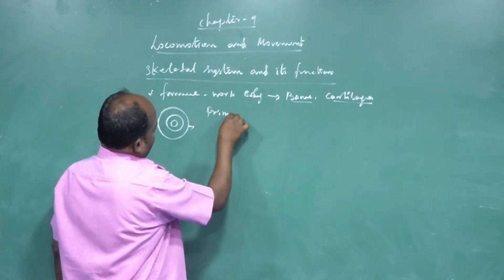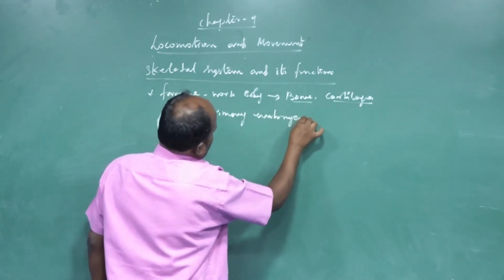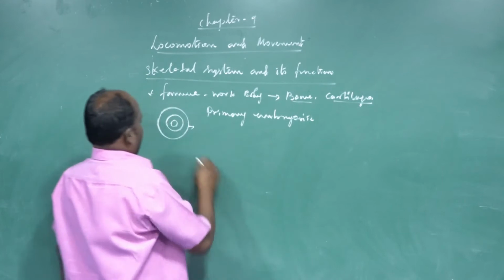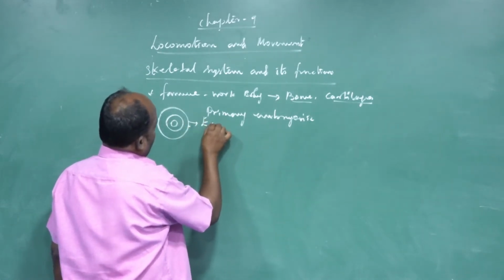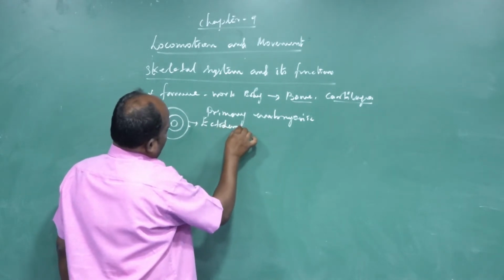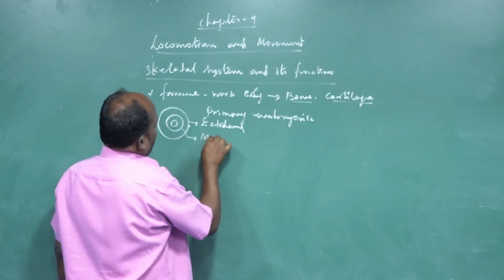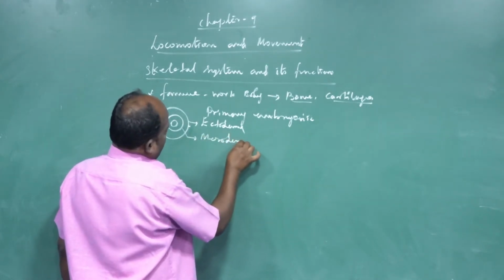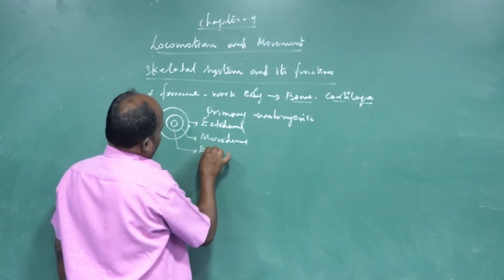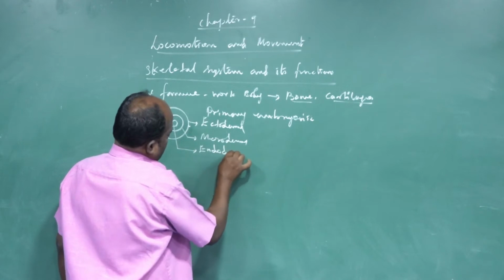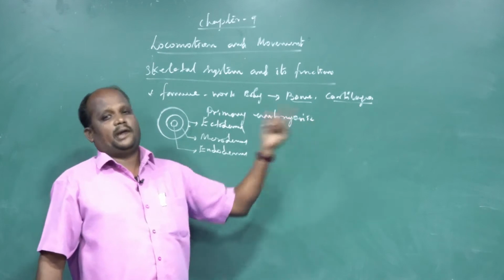The outermost layer is ectoderm, the middlemost layer is mesoderm, and the innermost layer is endoderm. These are the primary embryonic layers of the human embryo.